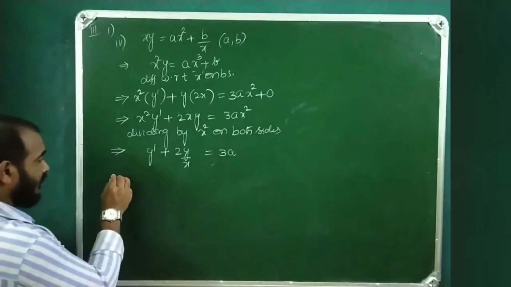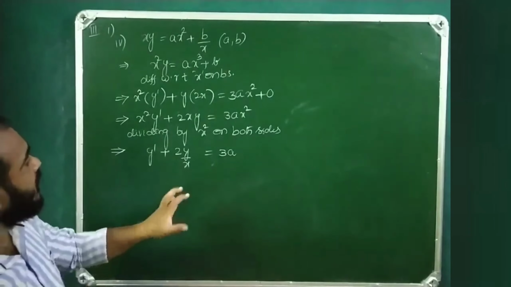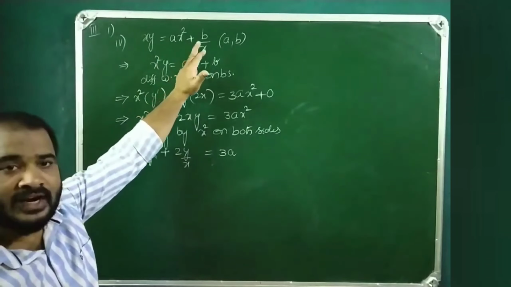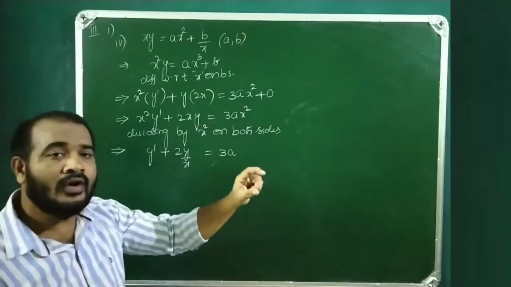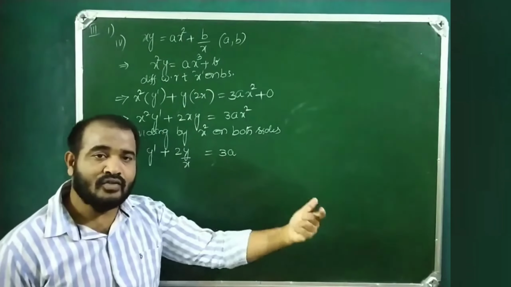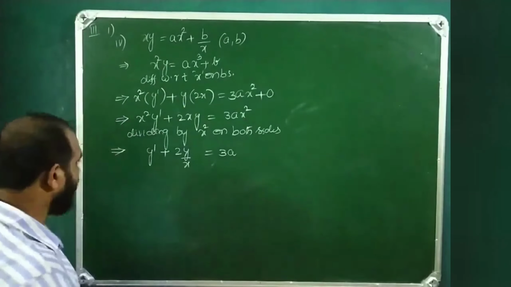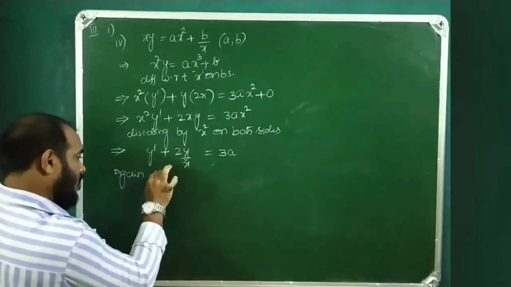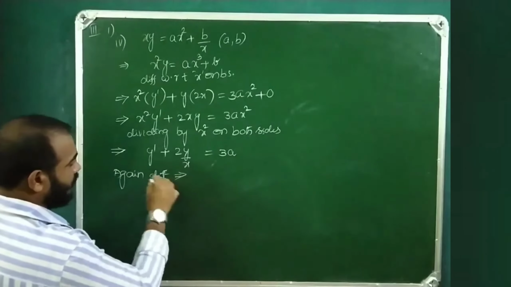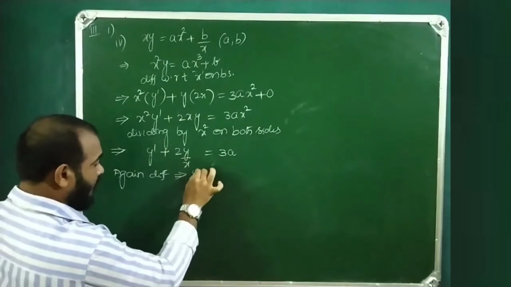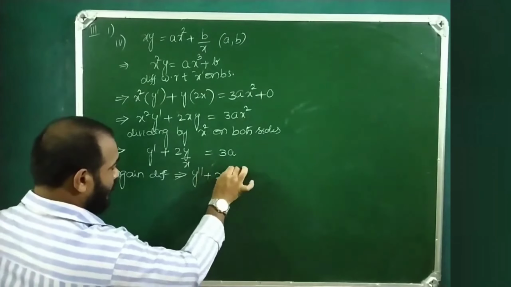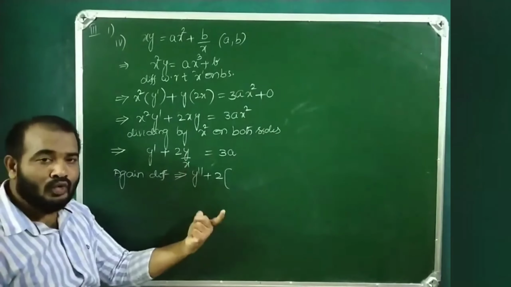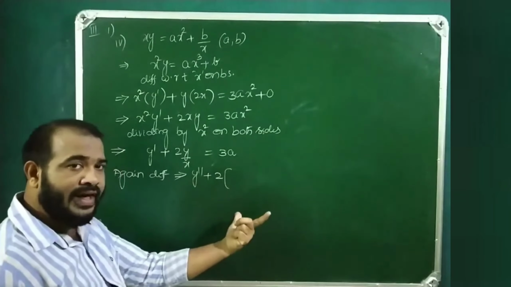So far we have differentiated once, but here the equation contains two arbitrary constants. Therefore, one more time we have to differentiate. Again differentiating, we get y dash derivative is y double dash plus 2 into, this is y by x, u by v, v u dash minus u v dash by v square.